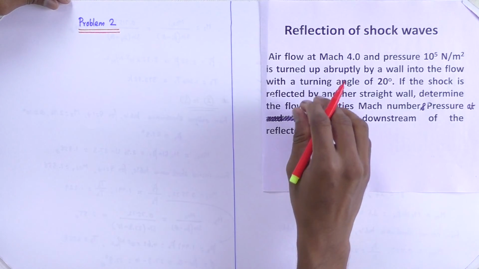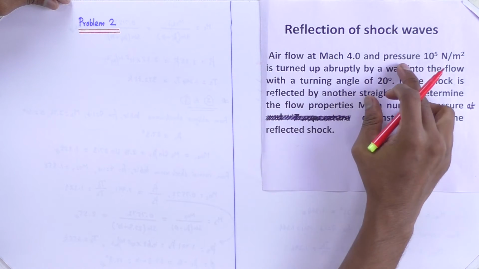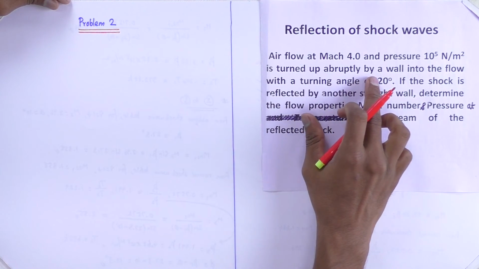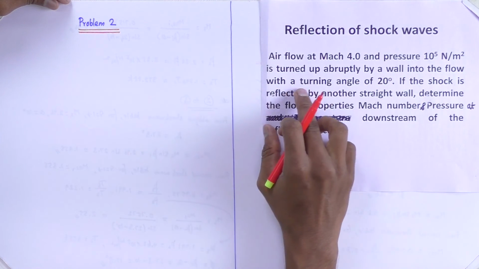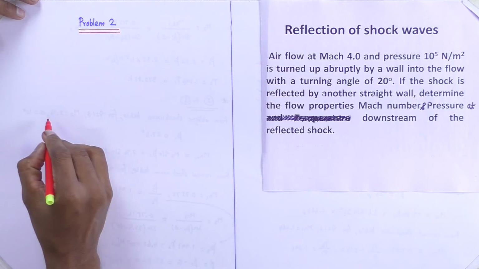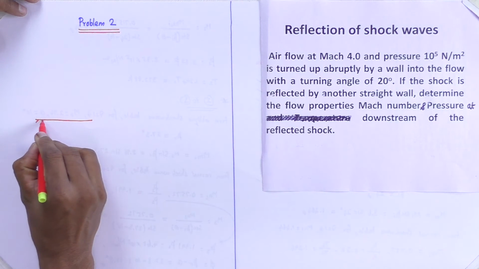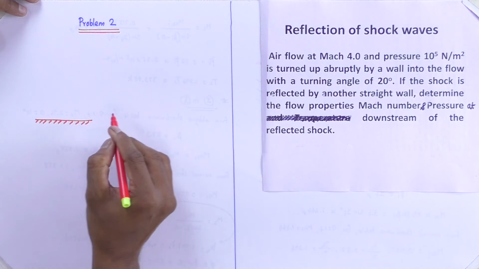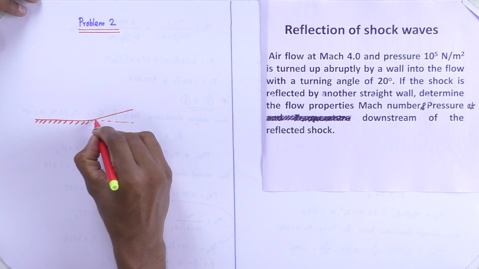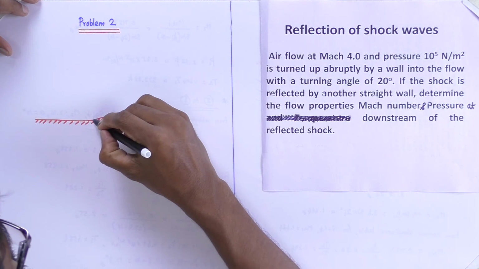Problem number 2. Airflow at Mach number 4 and pressure 10 power 5 Newton per meter square is turned abruptly by a wall into a flow with a turning angle of 20 degree. Here also we are having the same compression corner. So let us consider a compression corner with a deflection angle of 20 degree. Obviously we will have an oblique shock wave.